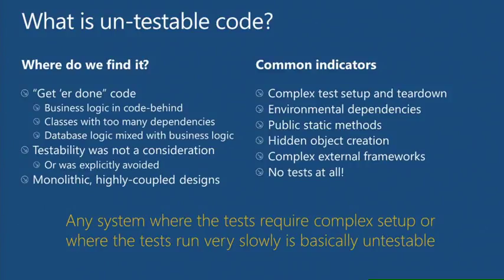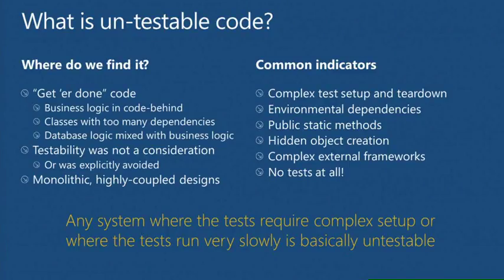And the kinds of things that are hiding in there are often environmental dependencies. So the application is making direct calls on the environment without any abstraction layer. And making those go away is very problematic. Static methods are often challenging.